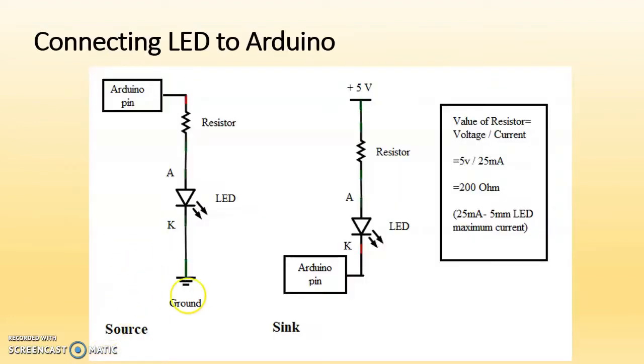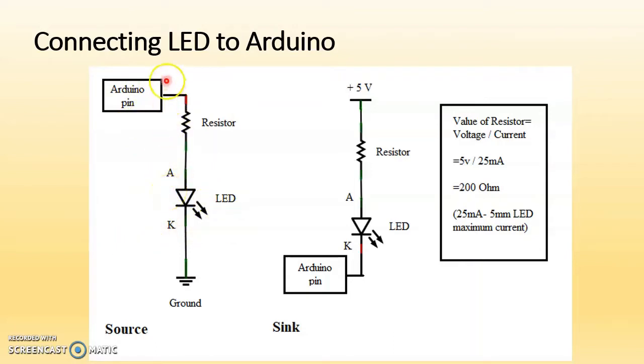So, for connecting an LED to the Arduino, there are two methods. One is the source method and one is the sink method. In the source method, the Arduino pin is allowed to source current to glow this LED.